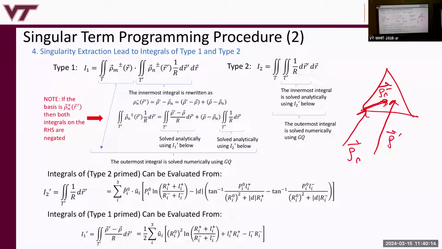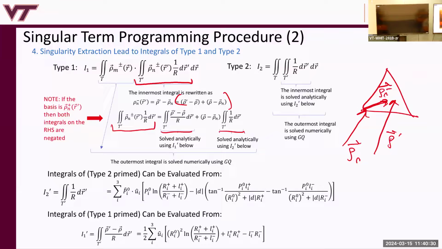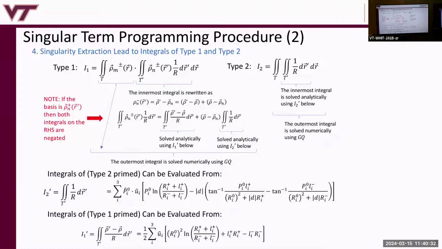Now, if we take this integral and replace the rho n with this expression here, then this becomes these two integrals. Rho minus rho prime over r, right? That's the first one.